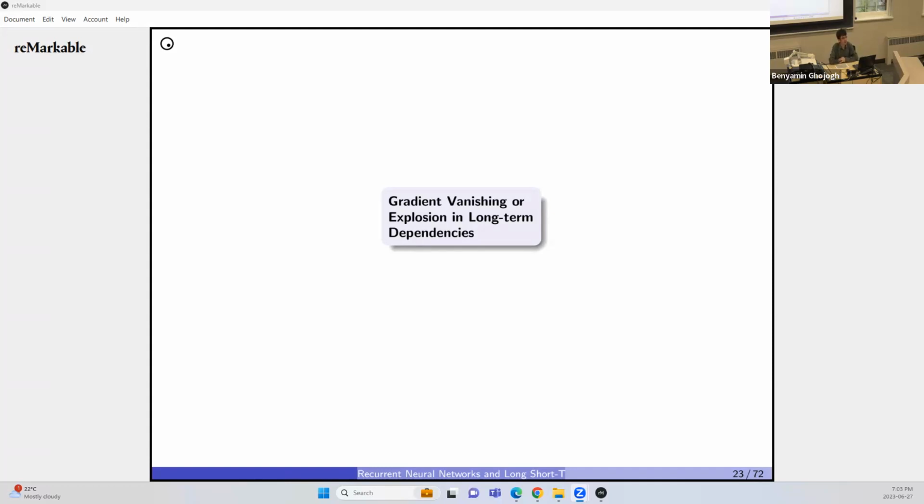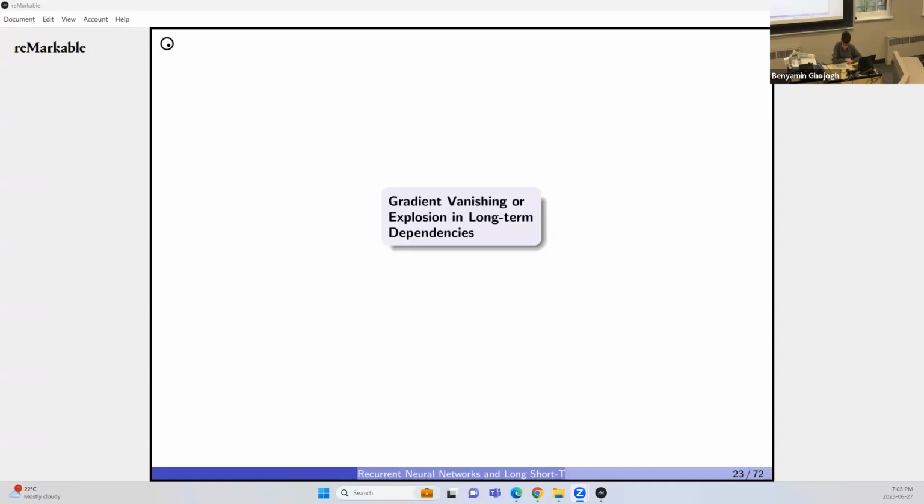You remember we said that RNN tries to learn the dependencies of the data points in the sequence, and so it considers a window, and in this window we will capture both short-term and long-term dependencies, right? And the more we go in depth in the window, the more long-term dependencies we are learning.